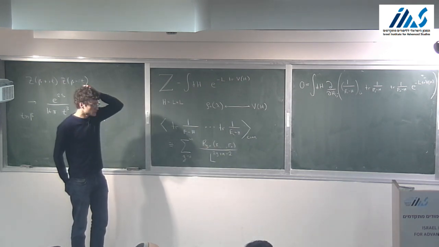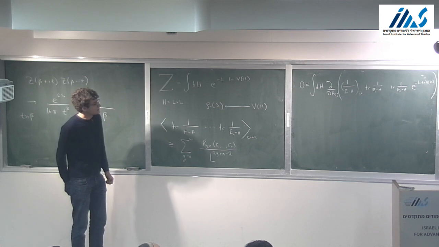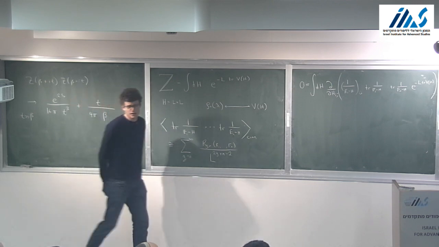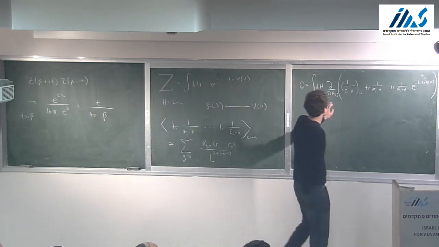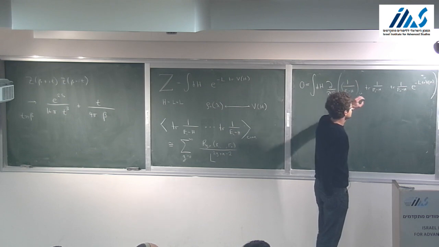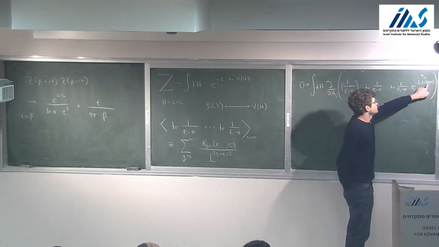Now that sounds good, and it is good, but actually it's sort of complicated to analyze these equations. One of the reasons is that when the derivative acts on these terms, it gives us terms involving products of resolvents, but it also acts on this potential here.